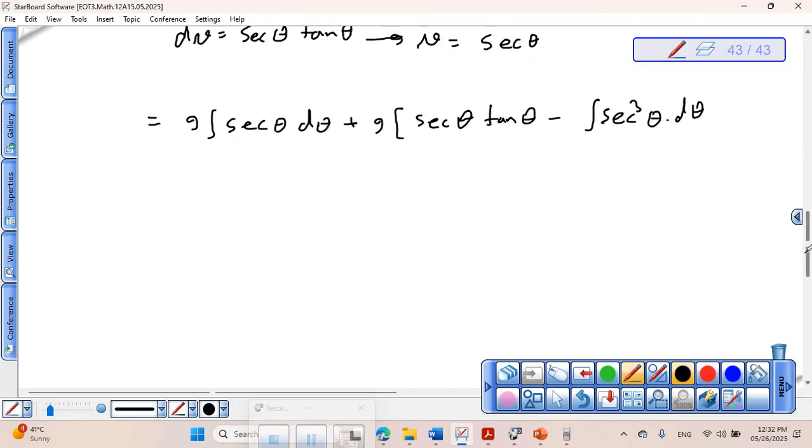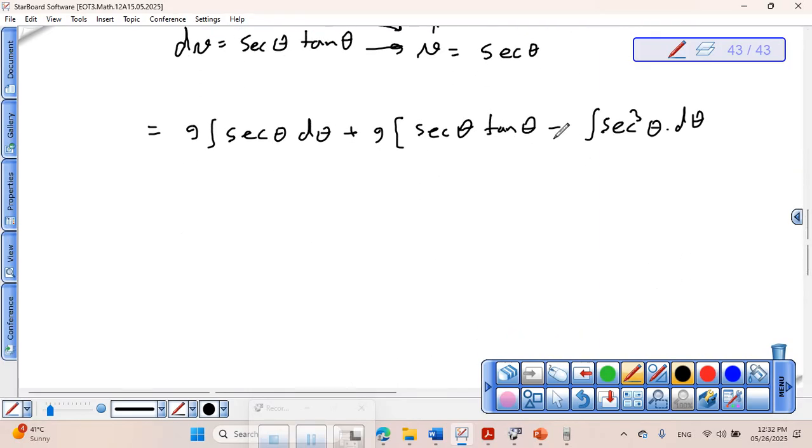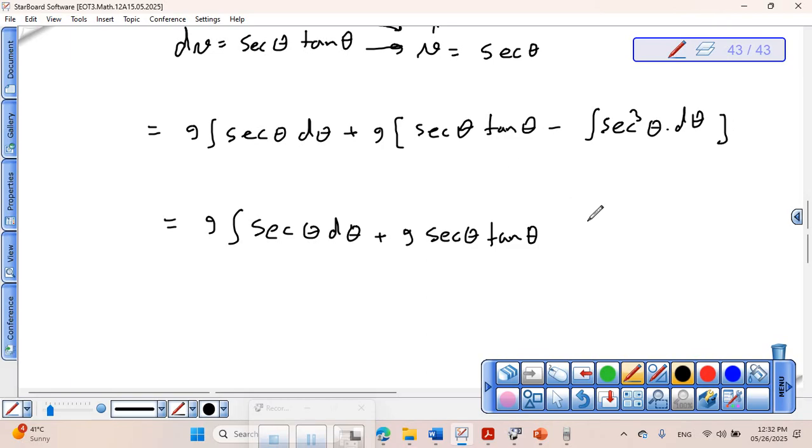It is easy now. This equals 9 integral of sec theta d theta plus 9 sec theta tan theta minus 9 integral of sec to the power 3 theta d theta. This goes to the other side.